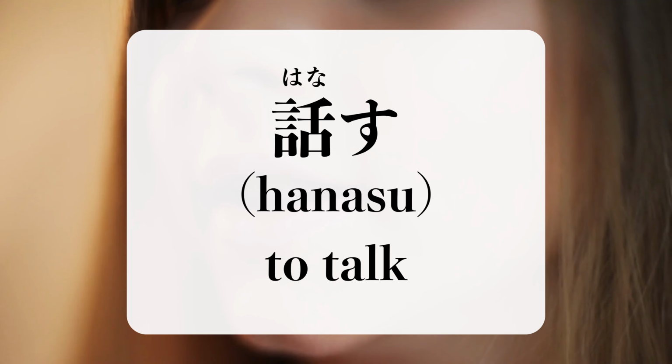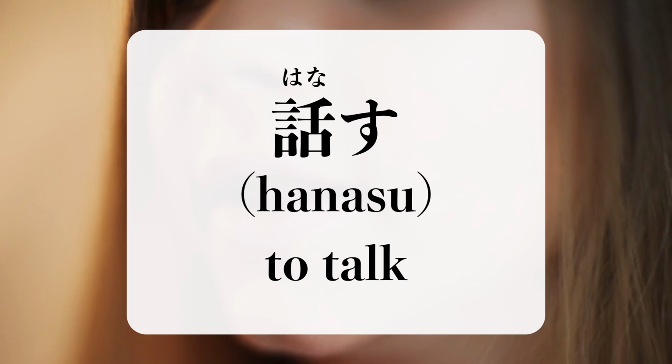Now let's discuss how to form the te form. In this lesson, I will show you how to convert verbs from the dictionary form to the te form by focusing on the verb endings. Converting to the te form varies depending on the verb group. For clarity, we can break it down into three main groups.